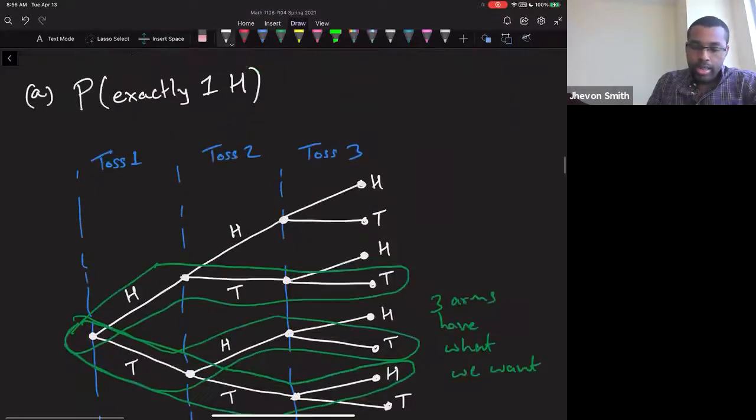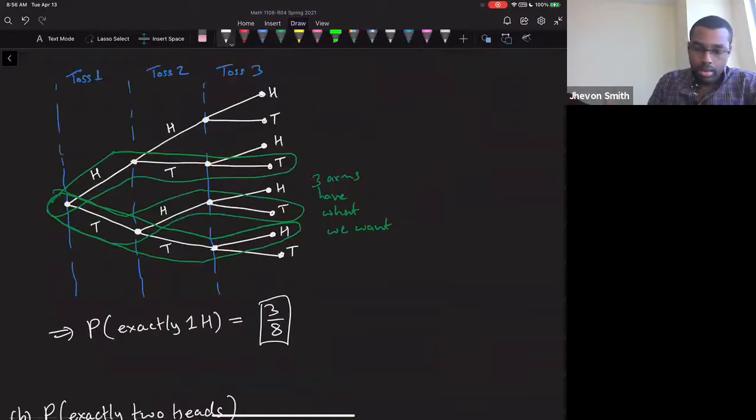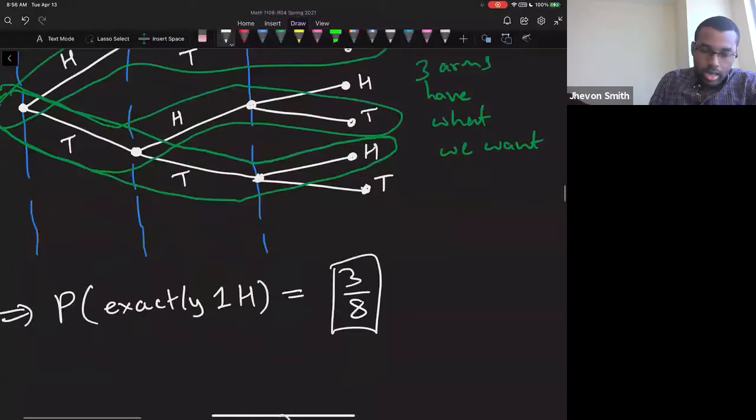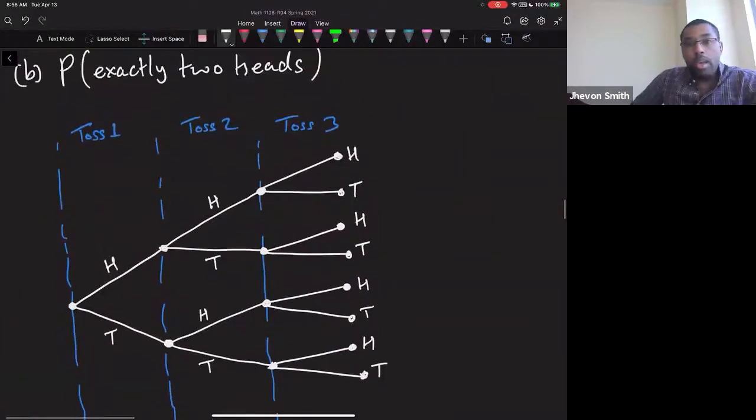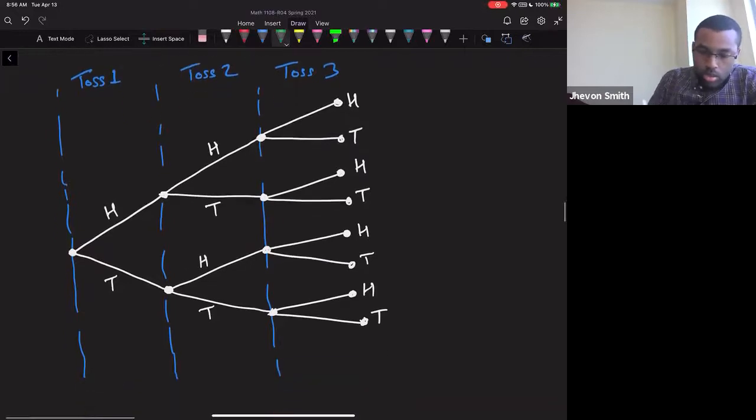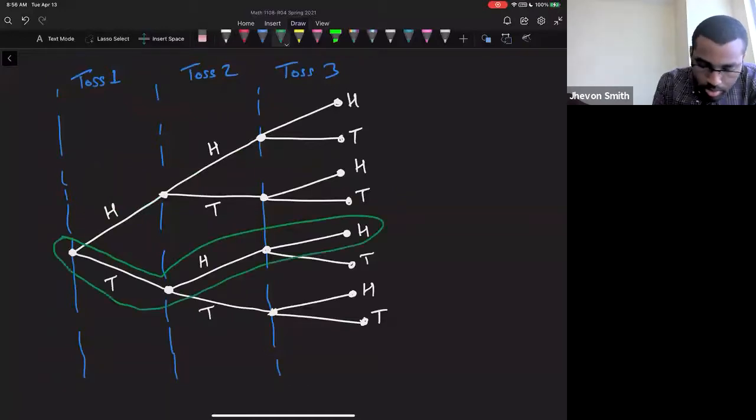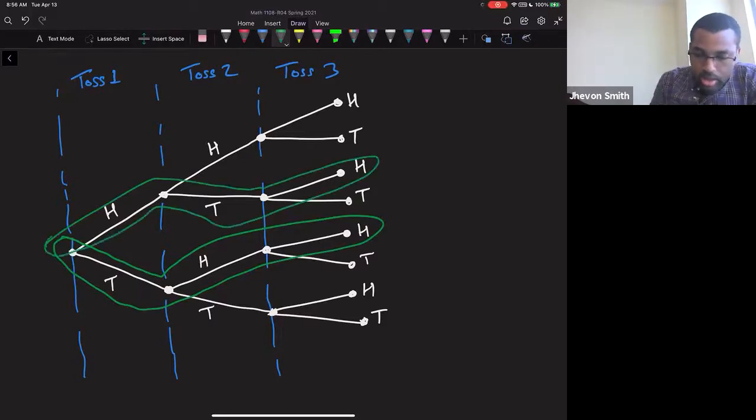The idea behind B would be pretty much the same. We need exactly 2. So I could also think of this as only one tail. I can make sure I get a tail and then pick 2 heads. I can pick a head, then a tail, then a head. That's exactly one tail.